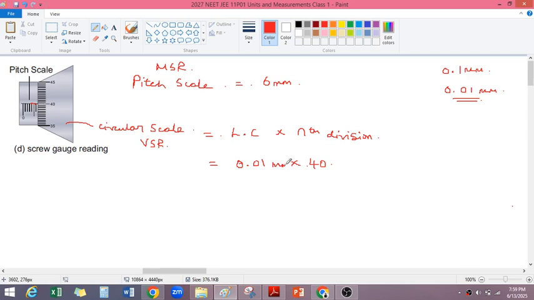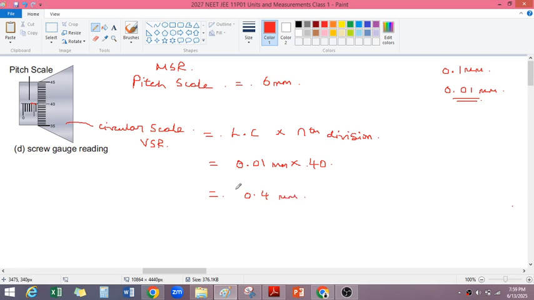It's important for you to write it as millimeter or centimeter. In the previous question it was centimeter; here you have to write it in millimeter. So this will be 40 multiplied by 0.01, which becomes 0.4 millimeter.